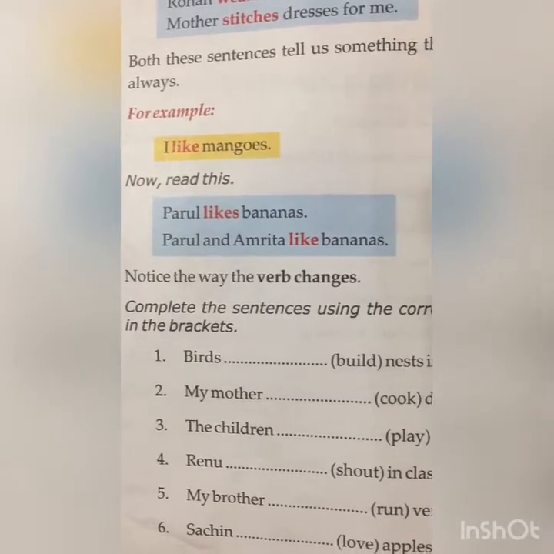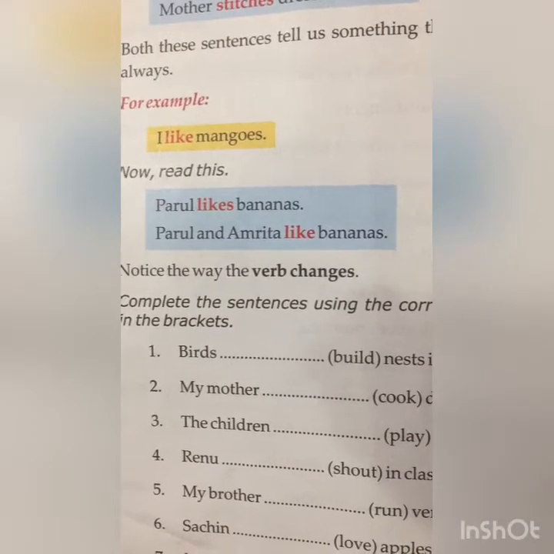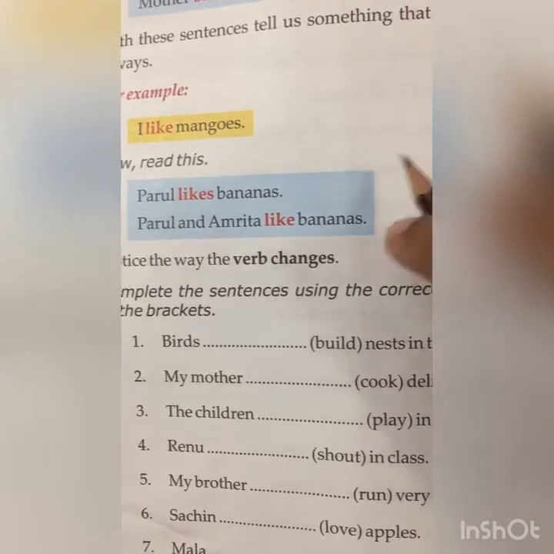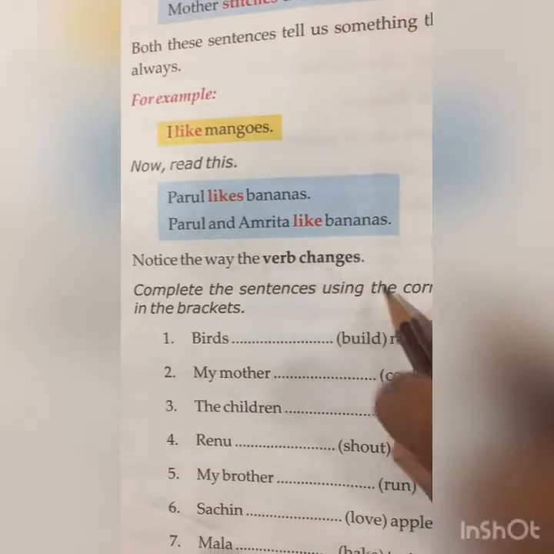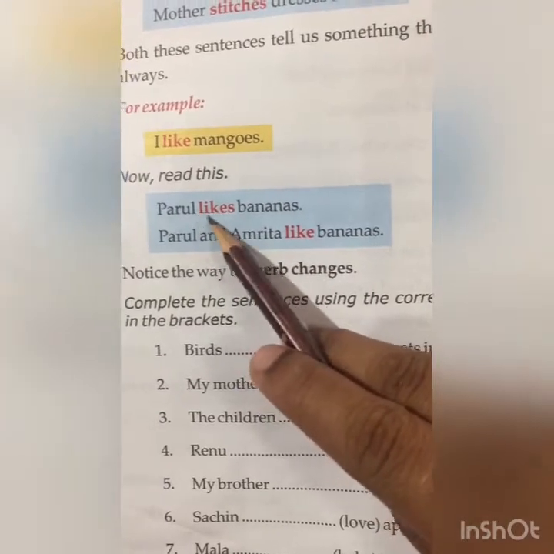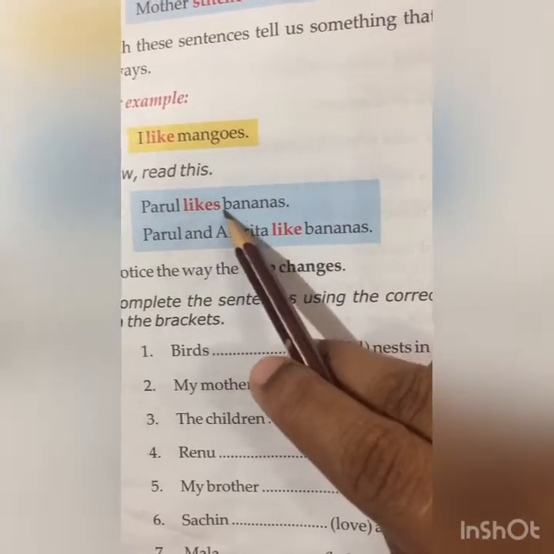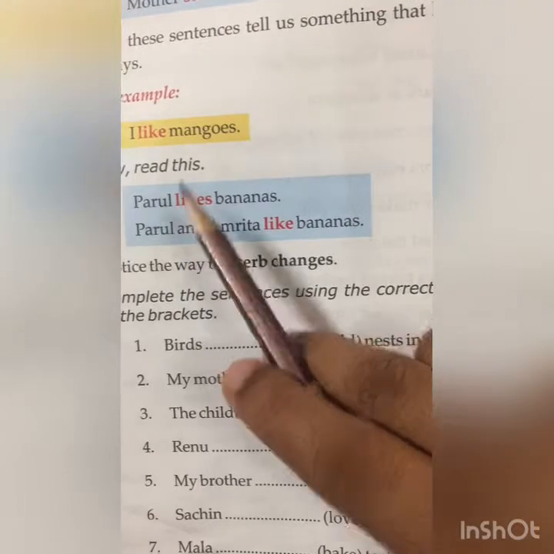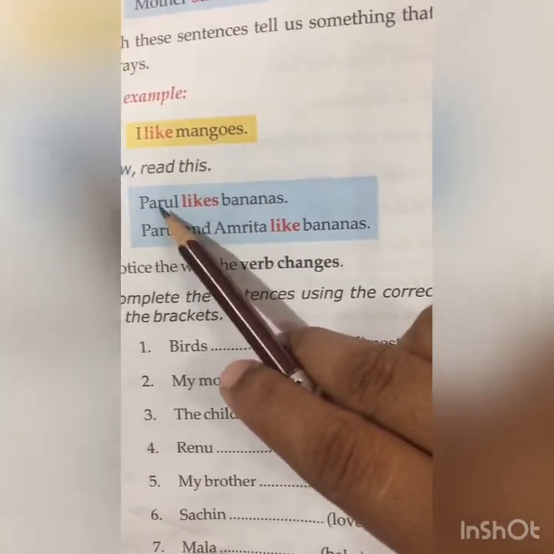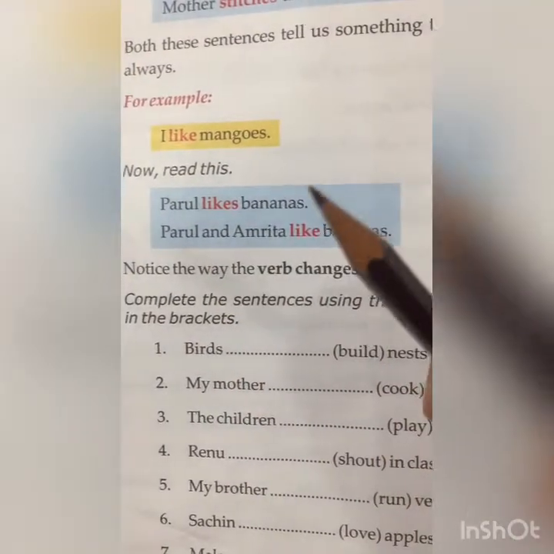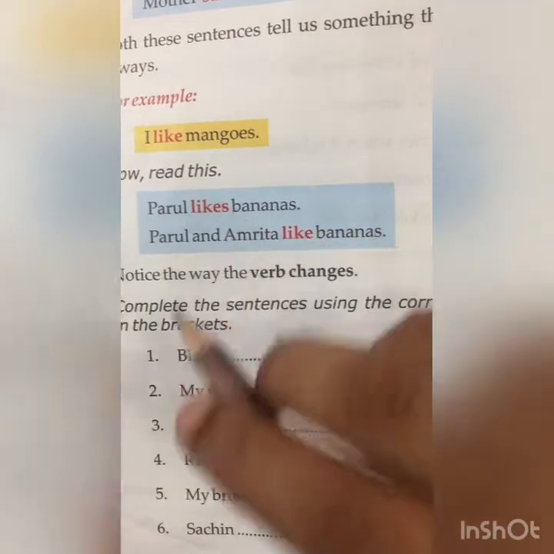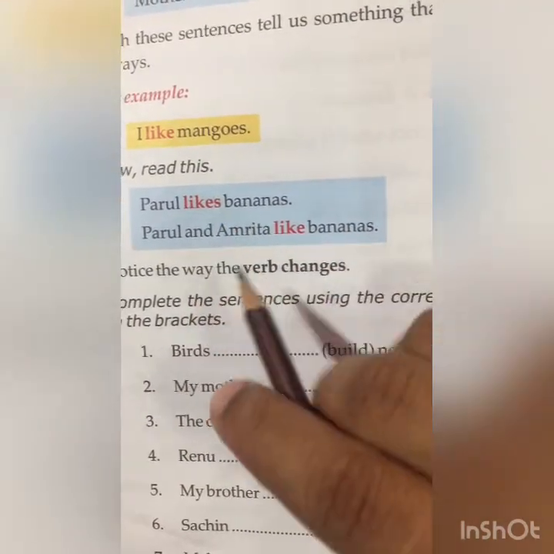Now read this. Parul likes bananas. Parul and Amruta like bananas. Now notice the way the verb changes. Likes is the verb here. Parul is singular, only one person is there, so we use a singular verb, likes.